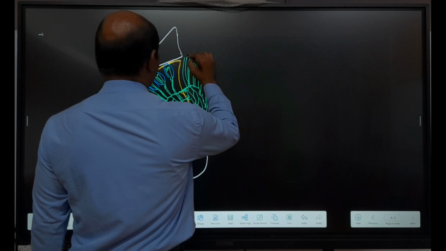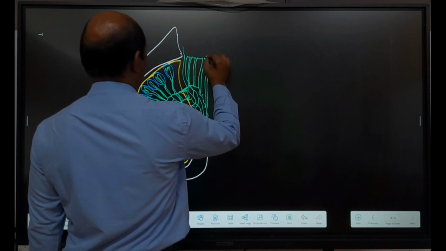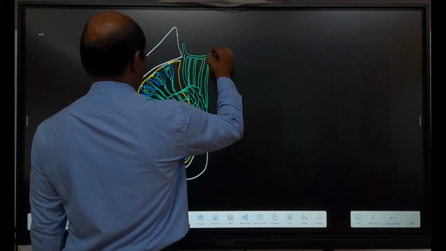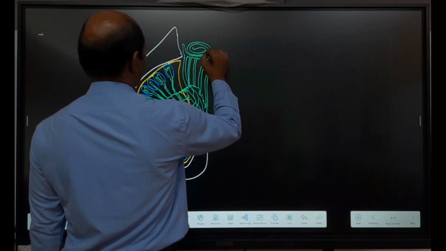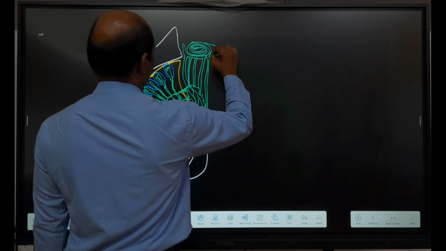And they open into a single highly coiled structure, right, highly coiled.